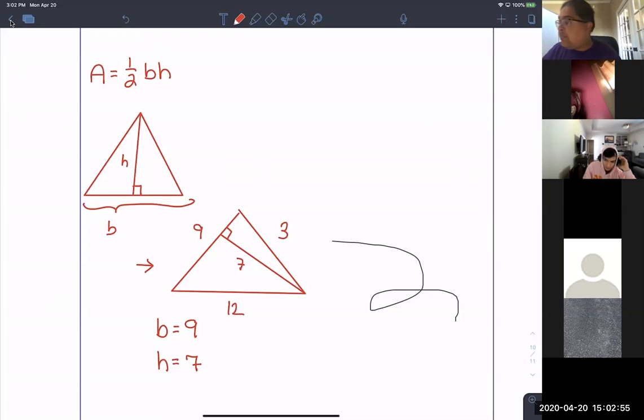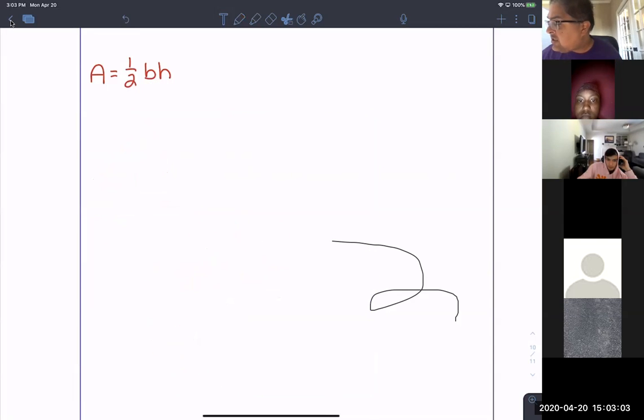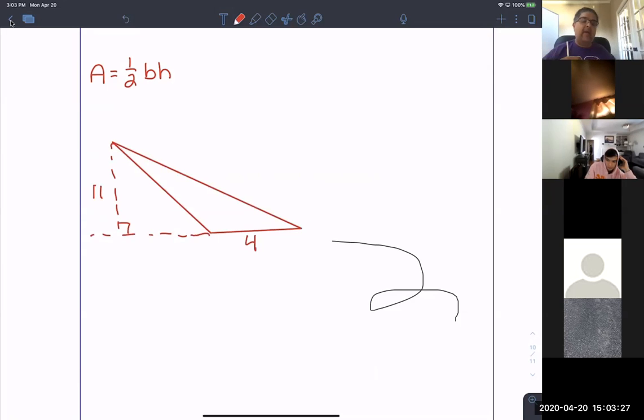Now, sometimes with obtuse triangles, remember an obtuse triangle is a triangle whose largest angle is more than 90 degrees, the height may be the line on the outside, okay?